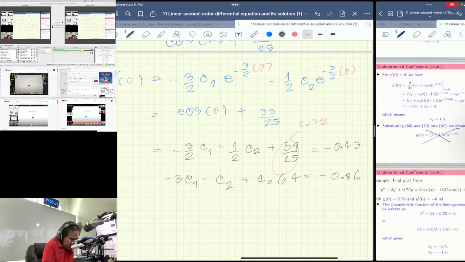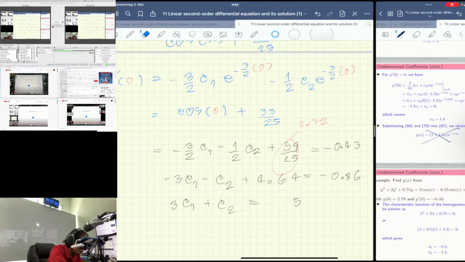And if you move C1 to the right hand side, you move C2 to the right hand side, you get 3C1 plus C2 equal to, they will add each other, right? So it's 5.5. That's equation number 5.